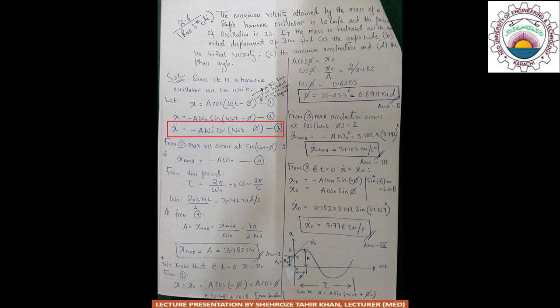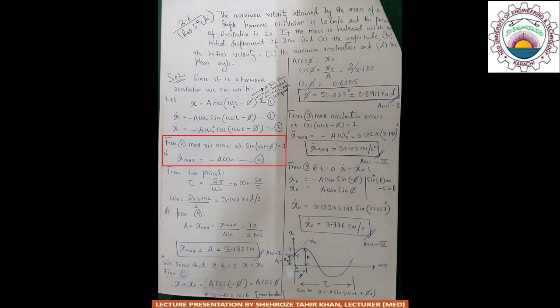Since for equation 2, which is a function of velocity, the maximum value of trigonometric function sine occurs at 1, therefore we get x dot max is equal to minus a omega n. Let's call it equation 4. Since the time period for a simple harmonic oscillation is given by tau is equal to 2 pi upon omega n, or omega n is equal to 2 pi upon tau.